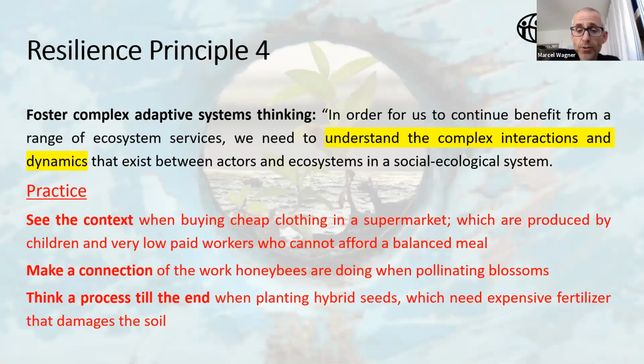Make a connection to the work honeybees are doing when pollinating blossoms. This is also a huge system. Think all processes till the end. This is also part of system thinking.